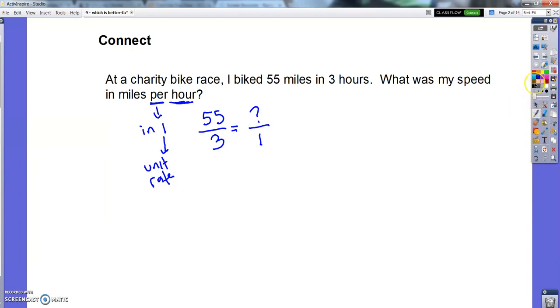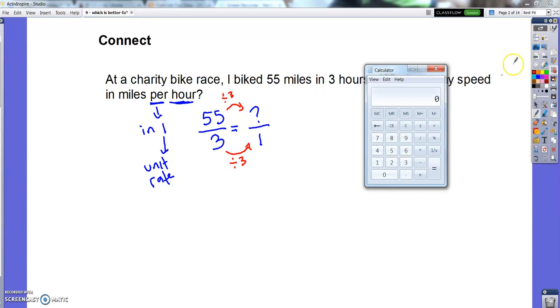Looking at that, to get my denominators, change colors. It looks like I'm dividing by 3 here, so I'm going to go ahead and divide by 3. And 55 divided by 3 is a long decimal. I don't think a lot of these have come up yet.